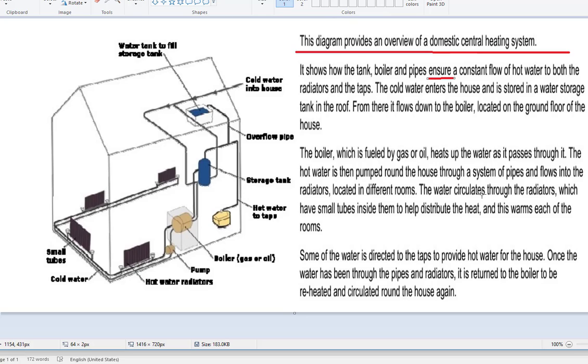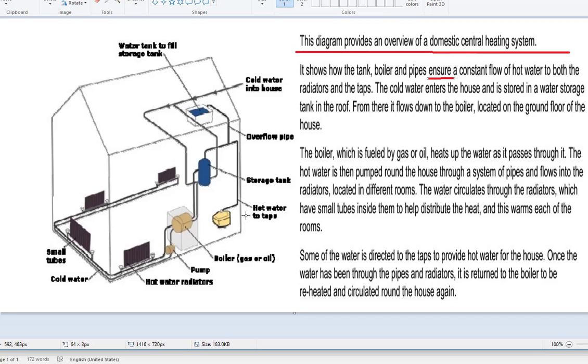The water circulates through, flows into the radiators located in different rooms. You can see that here. So there's a logical sequence to the writing, which has small tubes inside them to help distribute the heat, and this warms each of the rooms. Okay, some of the water is directed to the taps to provide hot water for the house.